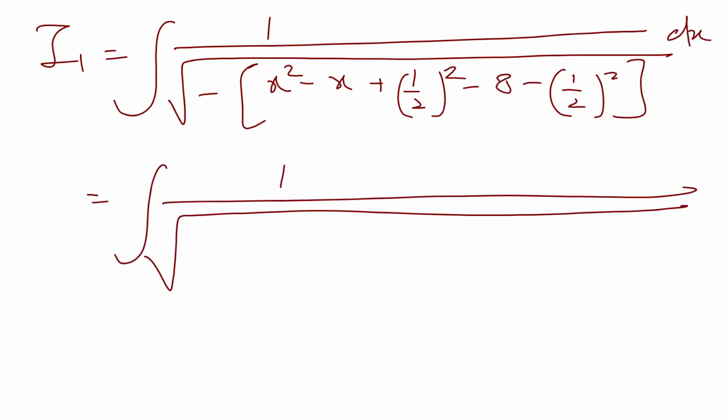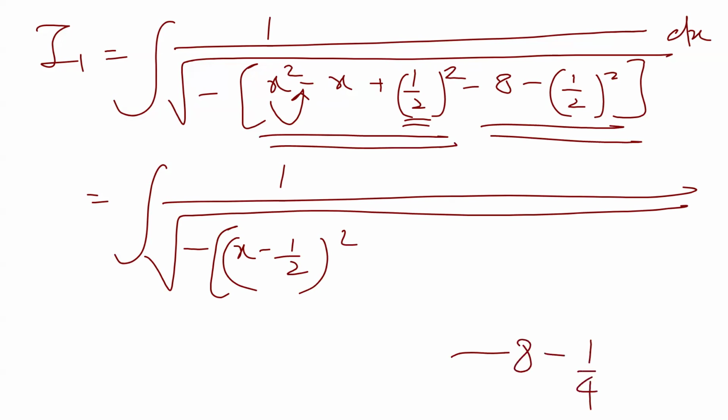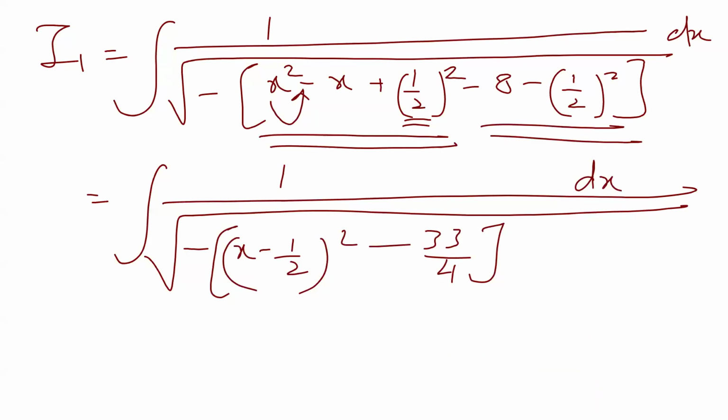Integration root of minus (x minus 1 by 2 the whole square), the first three terms, and the last two terms, minus 8 minus 1 by 4, which is minus 33 by 4, dx.